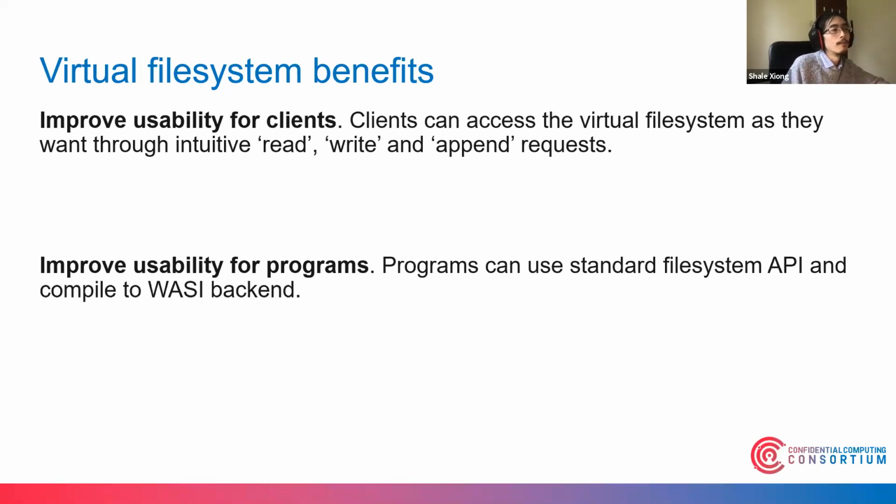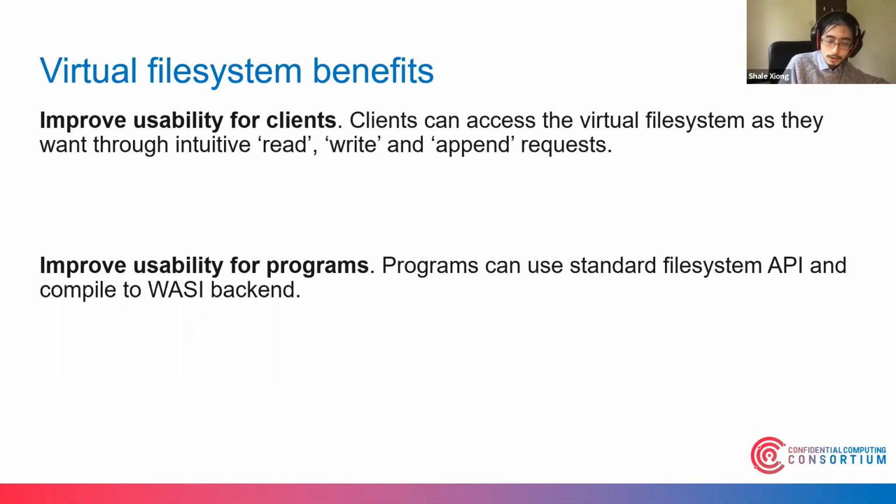The second big improvement, which we wanted to solve a long time ago, is that we massively improve the usability for the program. The program no longer needs to deal with our custom API. They just need to use the standard file system API, and compile their program to the WASI backend.